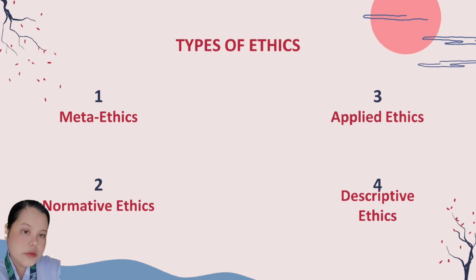So this branch of ethics might also be referred to as behavioral ethics. Descriptive or behavioral ethics describes and explains moral behavior and phenomena from a social science perspective or framework.